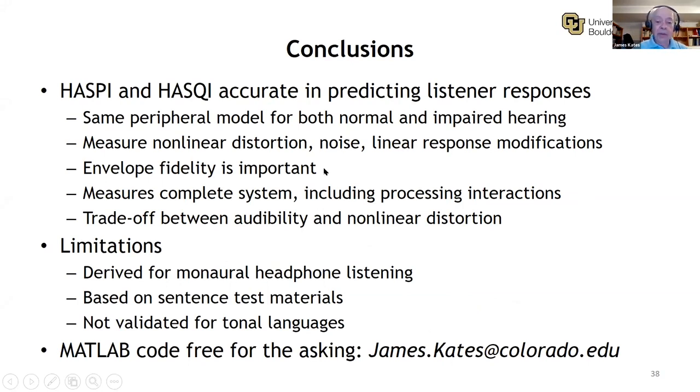Envelope fidelity appears to be very important, and we can measure what's happening in the complete system. We treat the hearing aid as a black box. We compare the output to an ideal input. And as I've mentioned, there seems to be this trade-off between audibility and nonlinear distortion, and we want to be able to measure that.